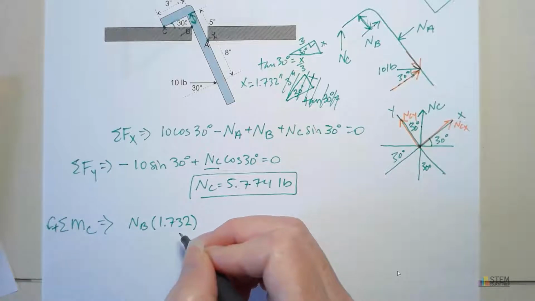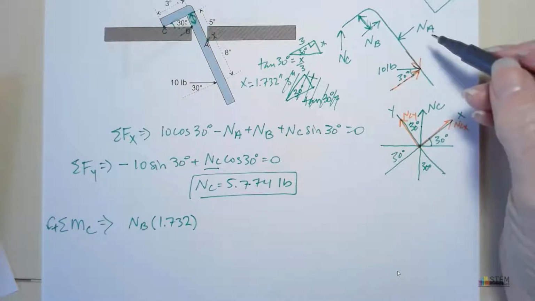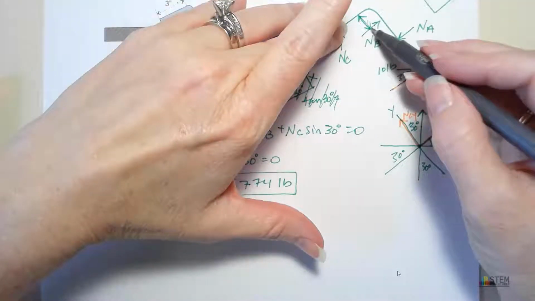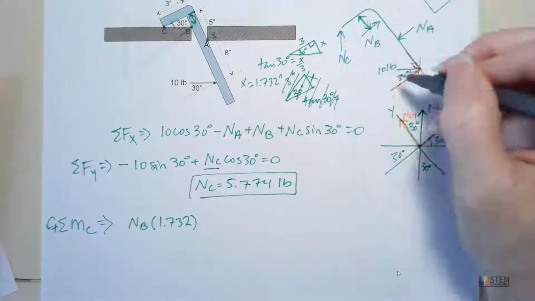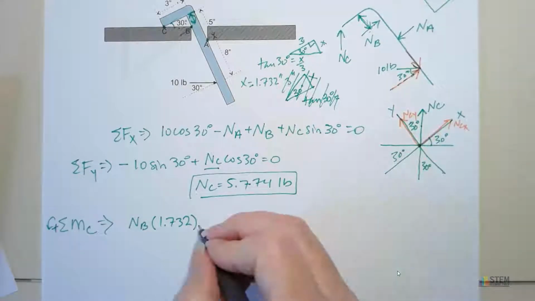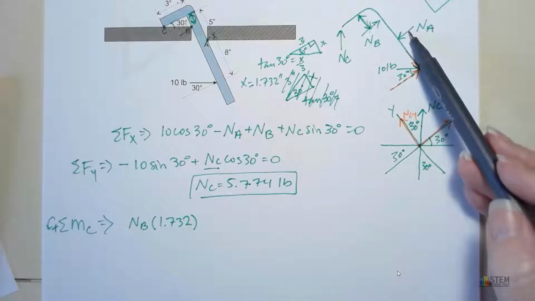Is that going to be positive or negative? It's going to be positive, right? Because if we think about this being able to freely rotate, and we push NB this way, this crowbar would want to go in a counterclockwise direction. So that's positive.